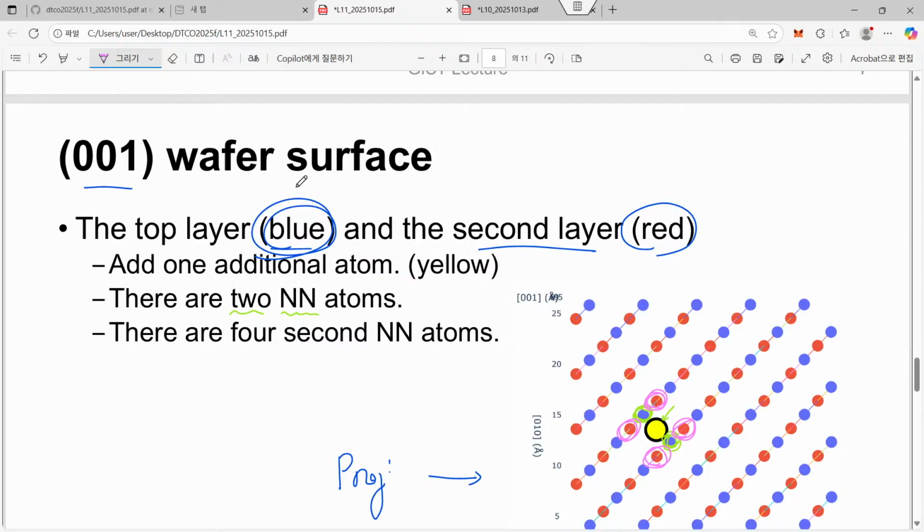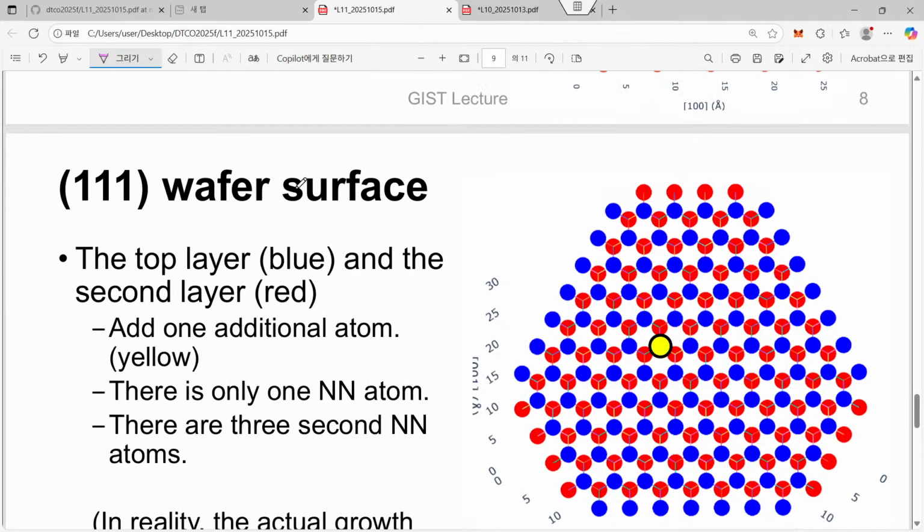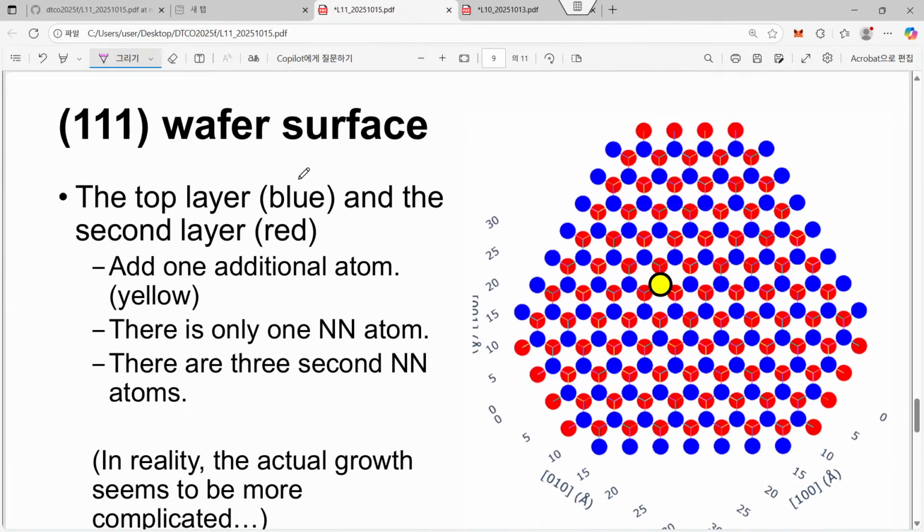Then now let's go to our 111 wafer surface. I'm just saying the same thing. This blue one corresponds to the top surface of our 111 surface, and this red one is just beneath it.